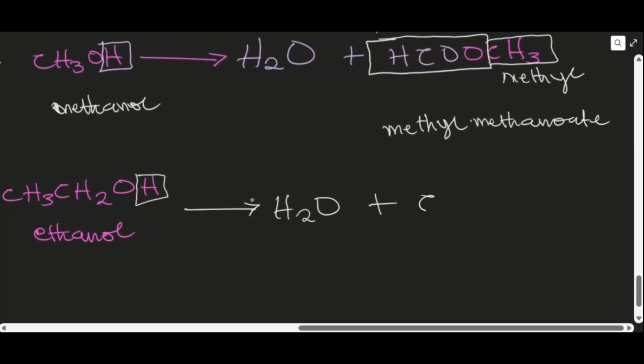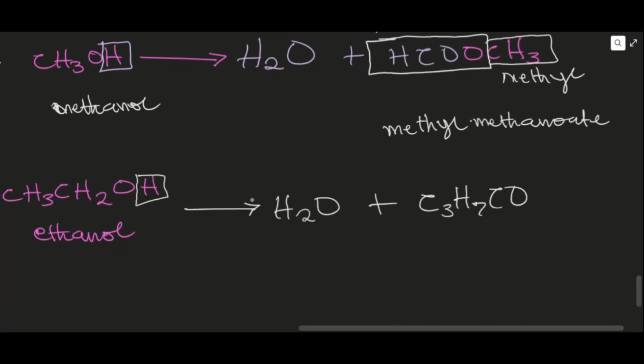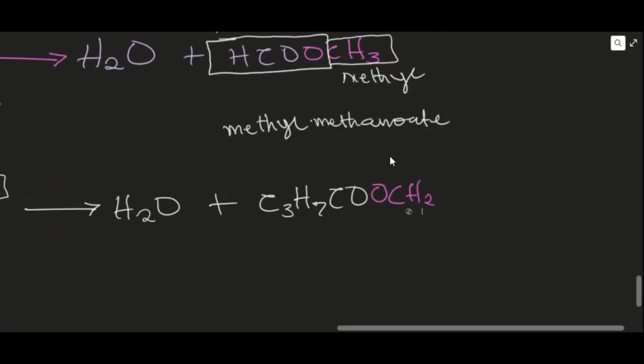So I'll write C3H7CO. And then we have CH3CH2O from the ethanol. So we take that O from the ethanol first, put it beside this, and then to take the CH2, we arrange it backward. CH2, and then CH3.